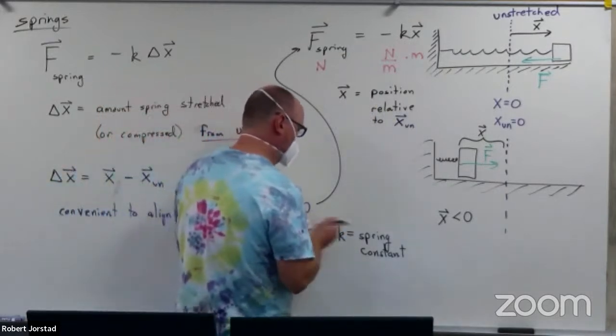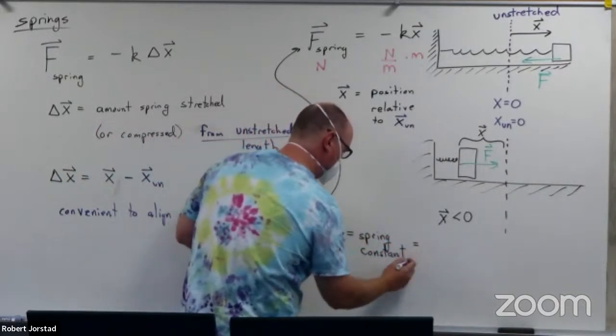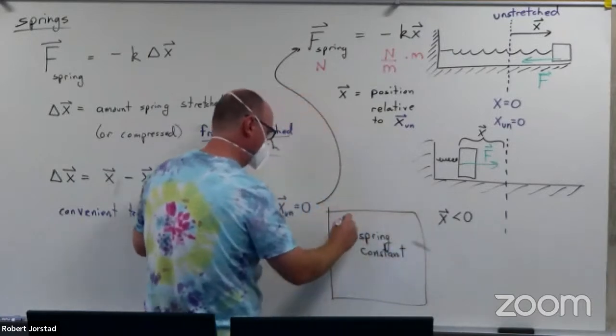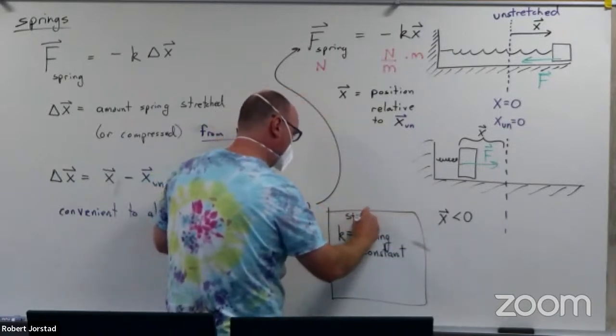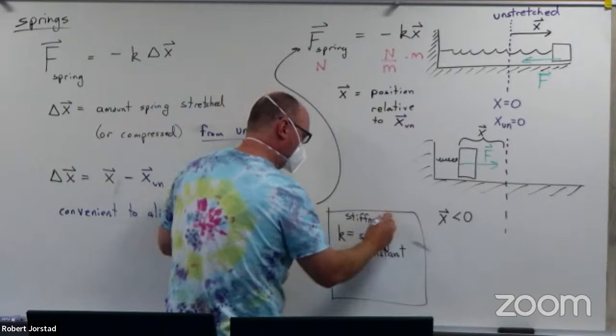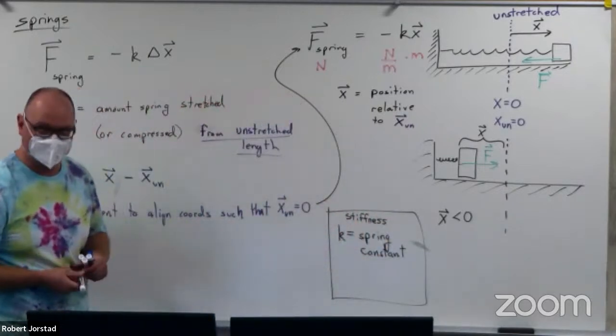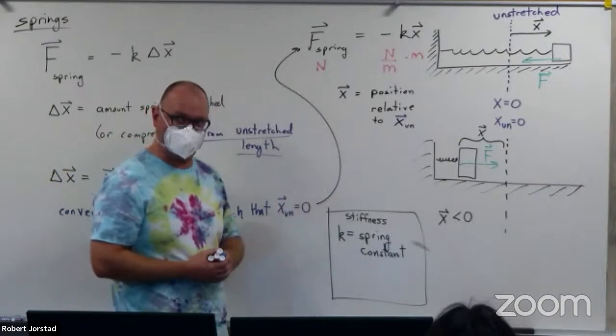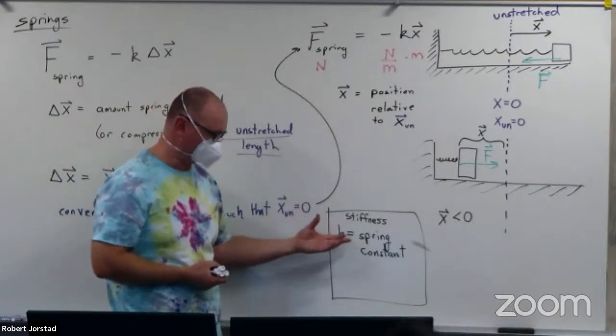Sometimes you'll see this called stiffness. The stiffer the spring, the bigger the spring constant. So if you have a big number for K, it's a very stiff spring. It might be used as a shock on your car.